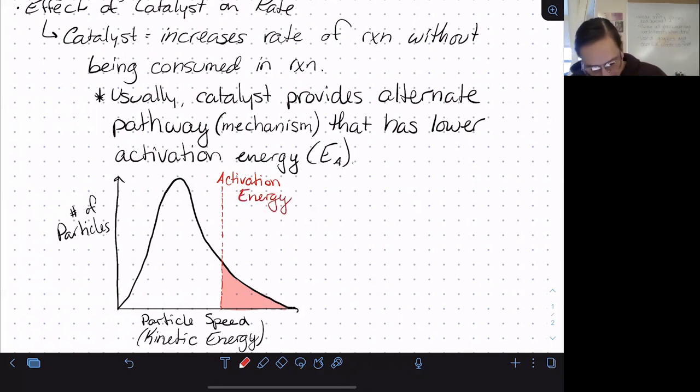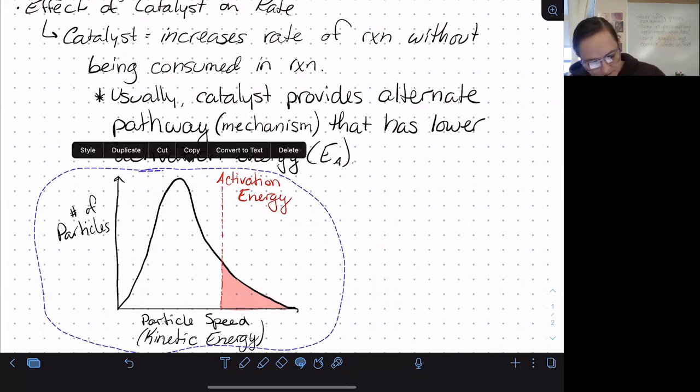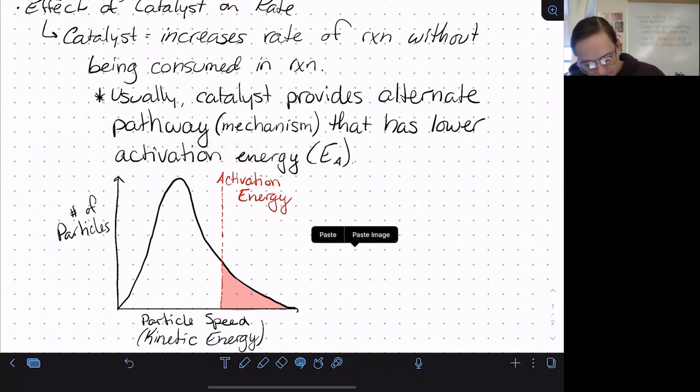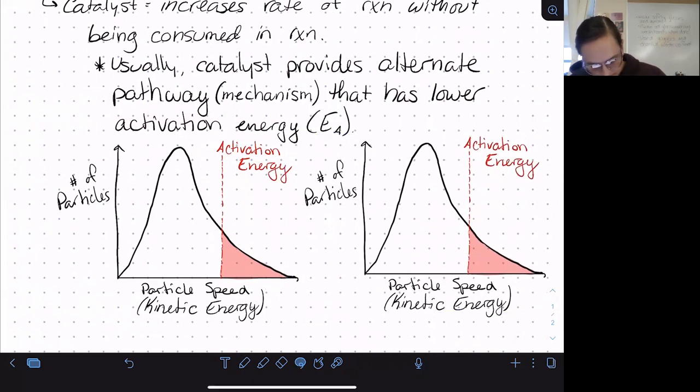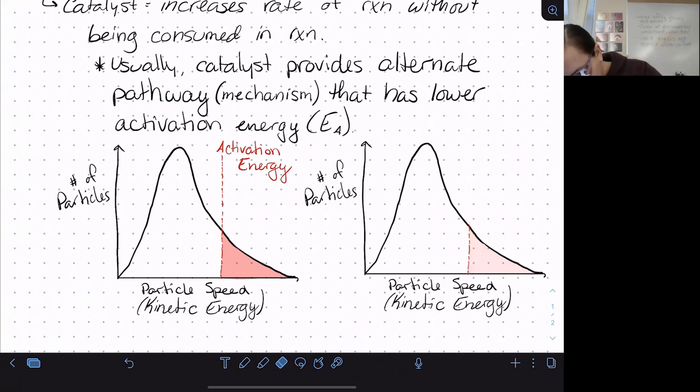If I lower my activation energy by adding a catalyst, actually, I'm going to leave that there.